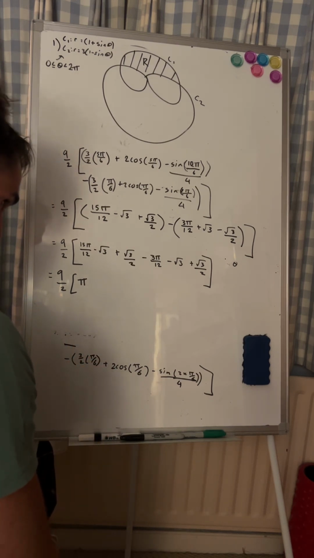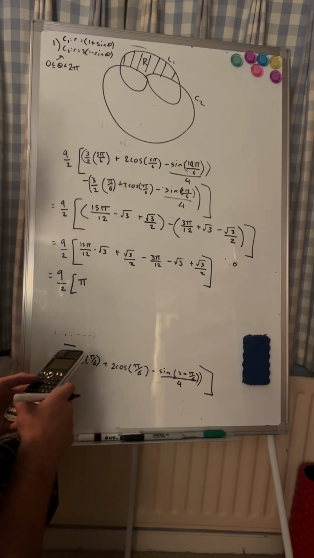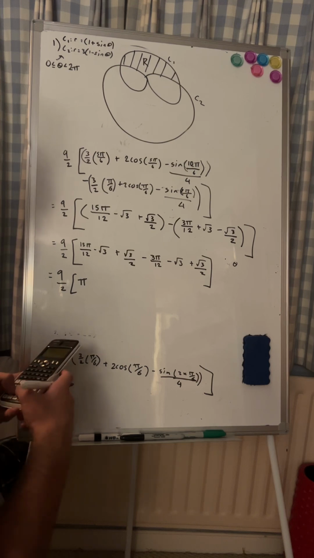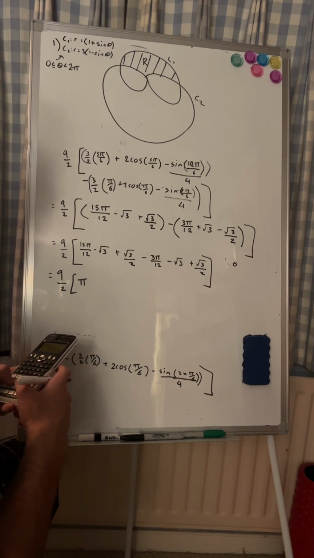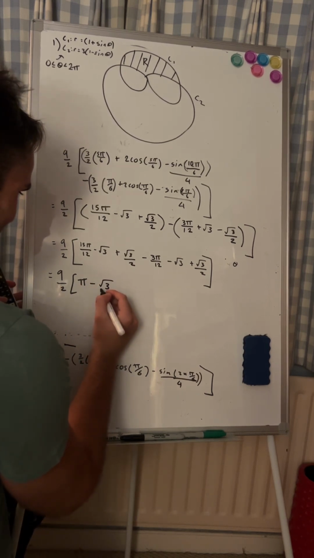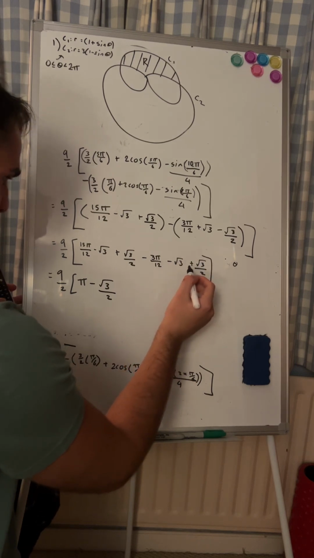Minus root 3 plus root 3 over 2. It's minus root 3 over 2. I probably should have guessed that one.